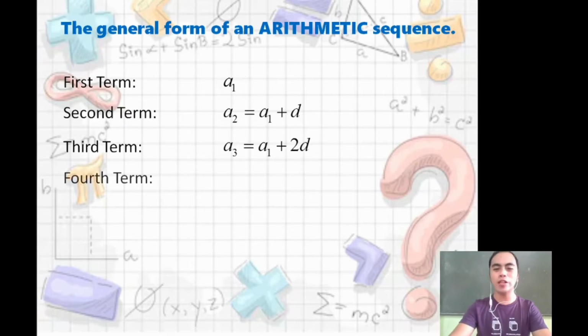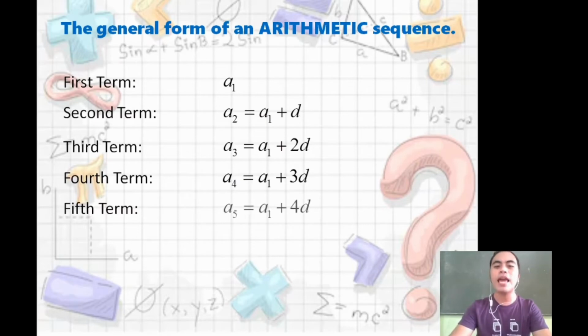The fourth term is a sub 4 equal to a sub 1 plus 3 times the common difference. The fifth term is a sub 5 equal to a sub 1 plus 4 times the common difference.